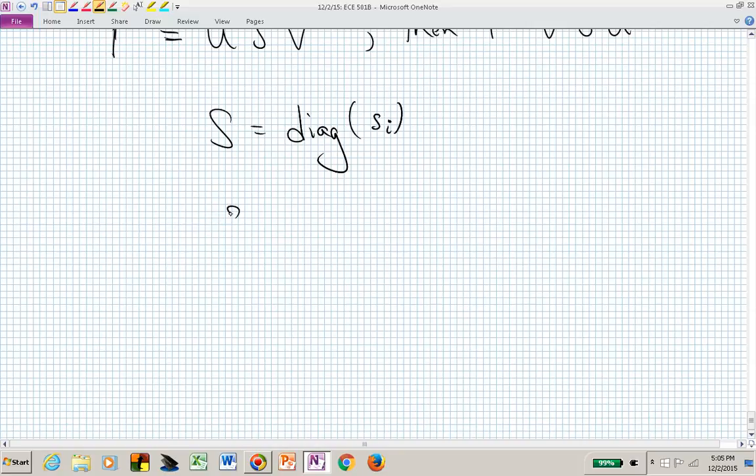Then we're defining S tilde to also be diagonal, but we're only dividing by the non-zero S sub i.